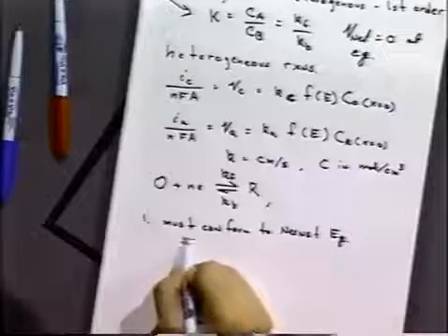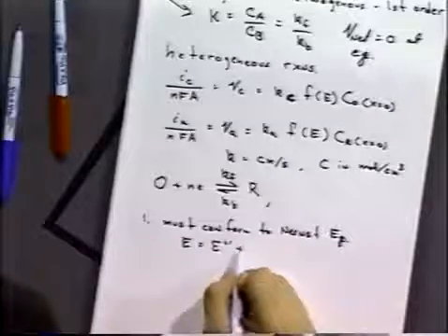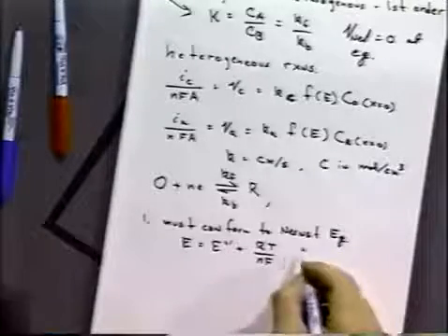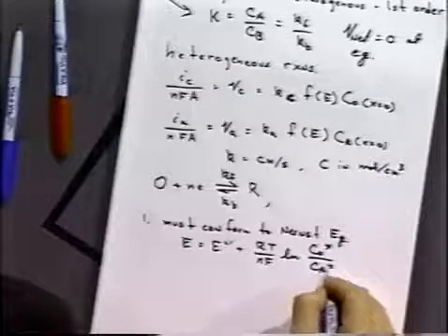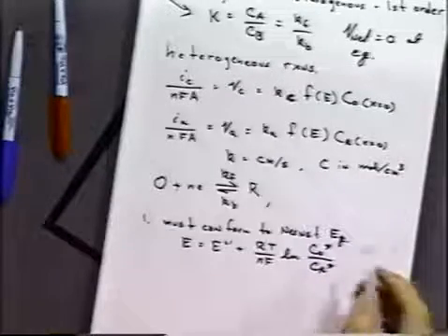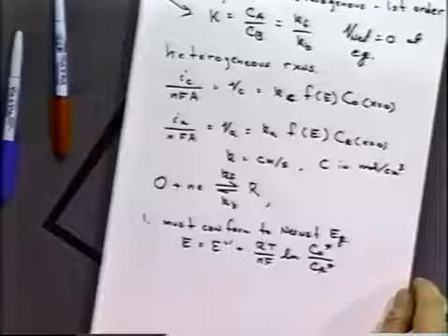And remember the Nernst equation. If you don't remember the Nernst equation by the time you finish this course, you're not doing very well. So here's our Nernst equation. Notice the Nernst equation has the bulk concentrations in it, not the surface concentrations.